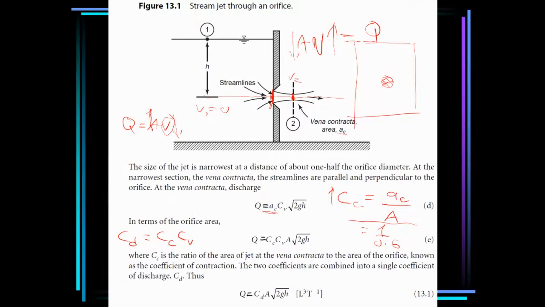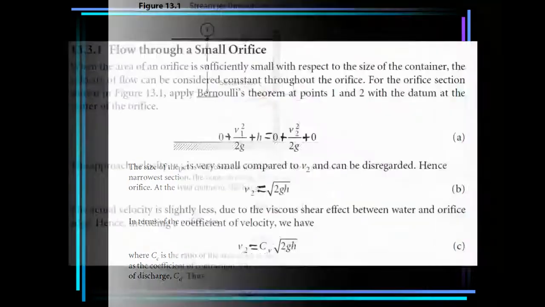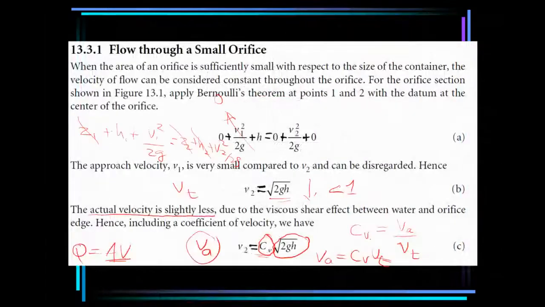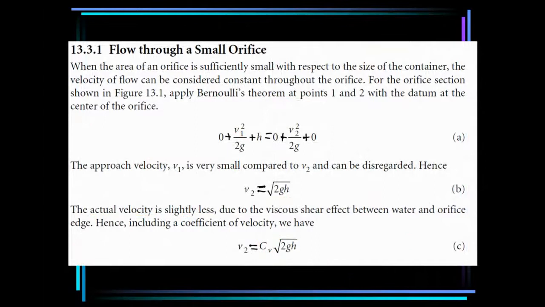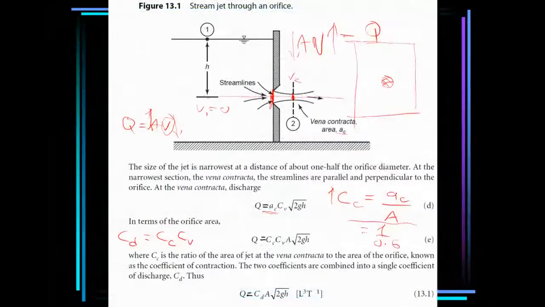The same thing here, CD is similar to my definition of CV. CD is given by the actual flow rate over the theoretical flow rate. So the actual flow rate is the coefficient of discharge times the theoretical flow rate.